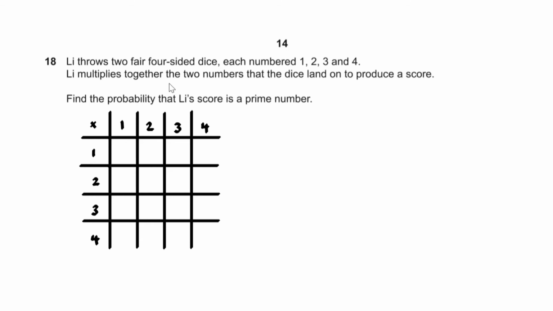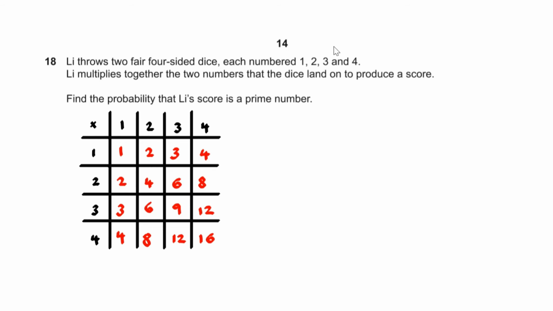So here we can create a grid and we multiply the numbers. 1 times 1 is 1, 1 times 2 is 2, 1 times 3 is 3, and 1 times 4 is 4. 2 times 2 is 4, 2 times 3 is 6, 2 times 4 is 8. 3 times 3 is 9, 3 times 4 is 12, 4 times 4 is 16.